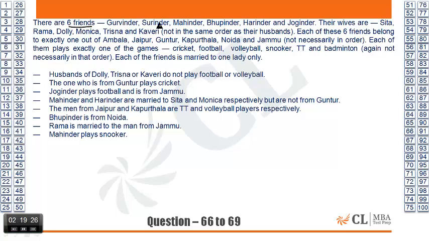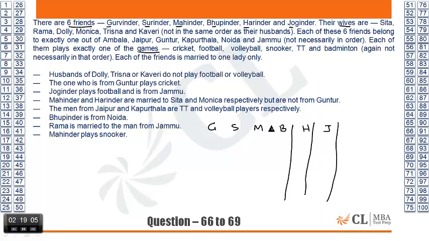6 friends, their wives, and belong to some place, and they play some games. So 4 things. So who are the 6 friends? G, S, M, B, H, J. So let's write G, S, M, B, H, and J. This drawing lines is my weakness.